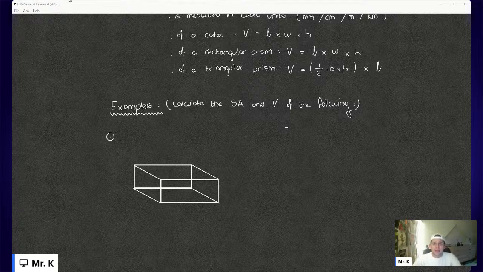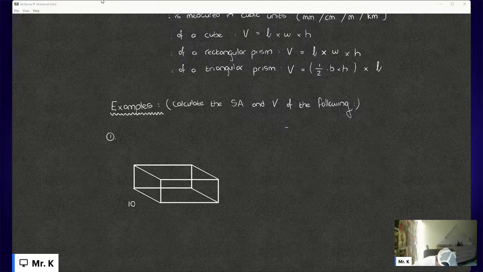Once we've dealt with that information, we can then go ahead and do all of the substituting and solve for the final answer. So if we look at the following, this is a rectangular prism. Remember, 3D shapes. Let's say we have the following dimensions.